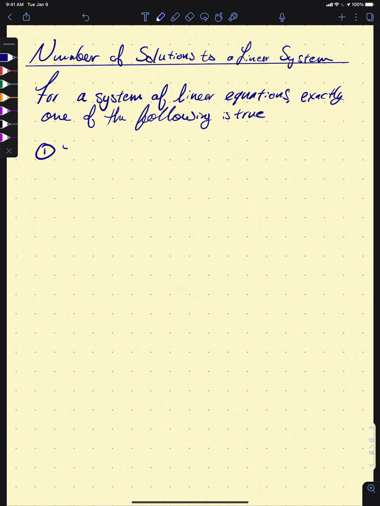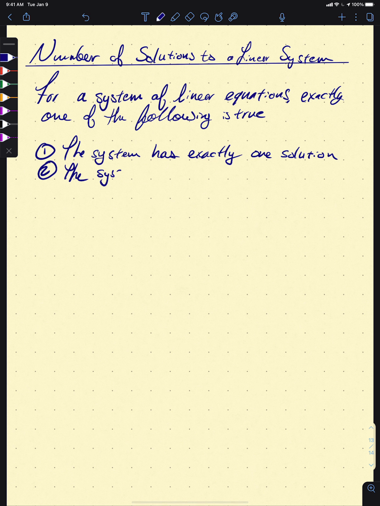And these should not surprise you, okay? So we have that the system has exactly one solution, which is often the thing that we're hoping for, right? We have that the system has no solutions. Once again, those are called inconsistent systems.